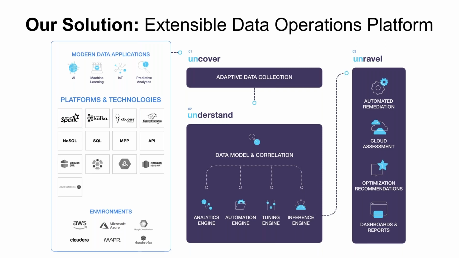So things like open source projects like HBase and Kafka and Spark, whether they're hosted on premises, like Cloudera and Hortonworks, or whether they're hosted in a platform as a service like Amazon EMR or HD Insight from Azure, we're able to monitor and manage all of that and pull all of that data into our Unravel system using this adaptive data collection technology.